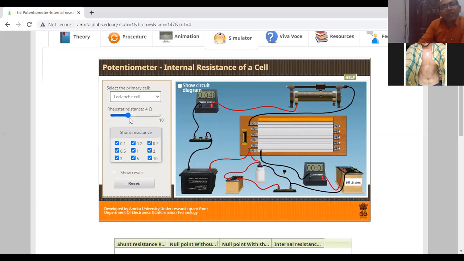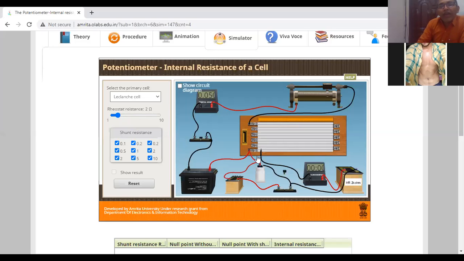Even we can decrease. Now this is 9.1 and, okay, now just keep it 50 by giving 2 ohm resistance. So the current will remain constant and fixed in the circuit.